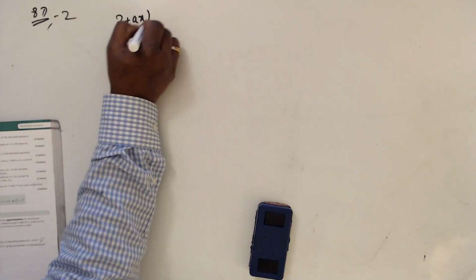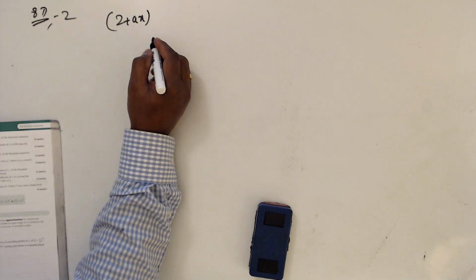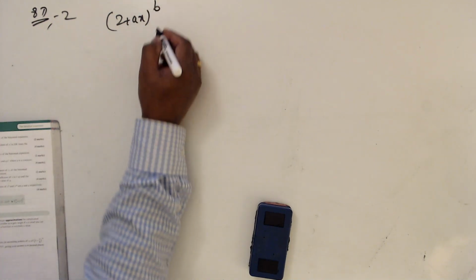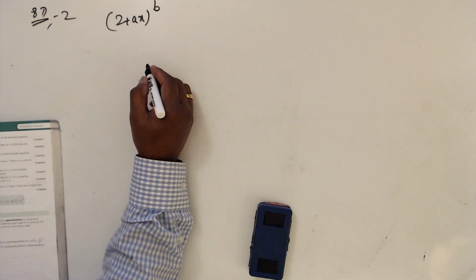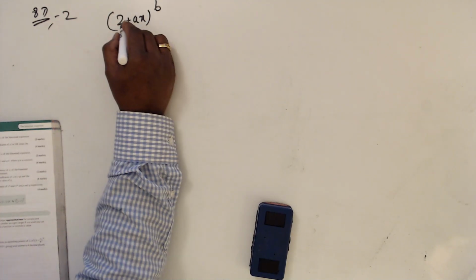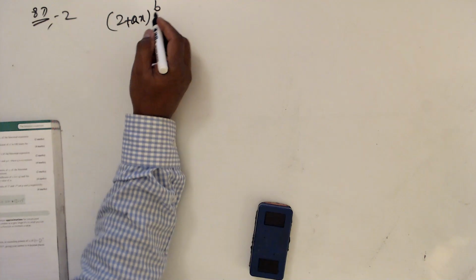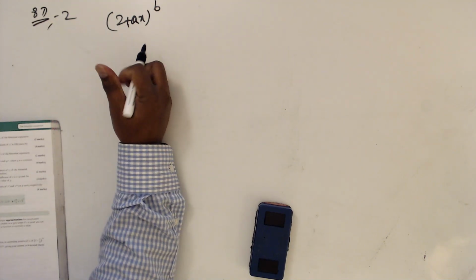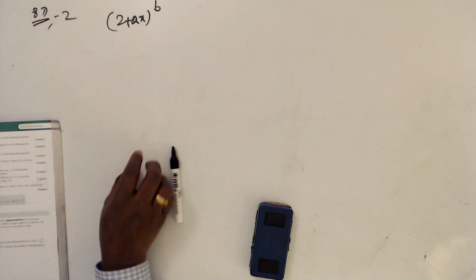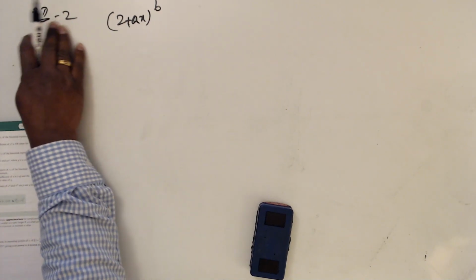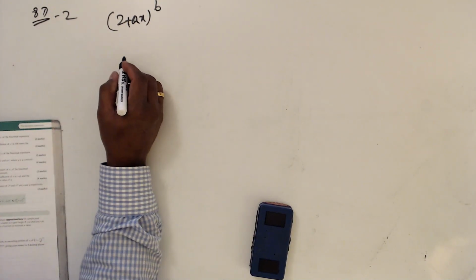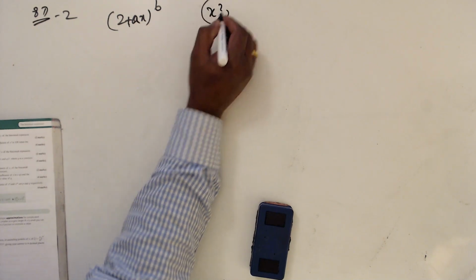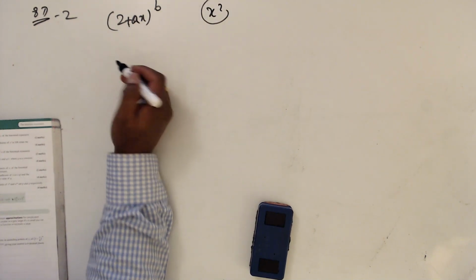2 plus ax to the 6. The coefficient of x squared in the expansion of 2 plus ax to the 6. 8D part, question number 2. Coefficient of x squared is 60.